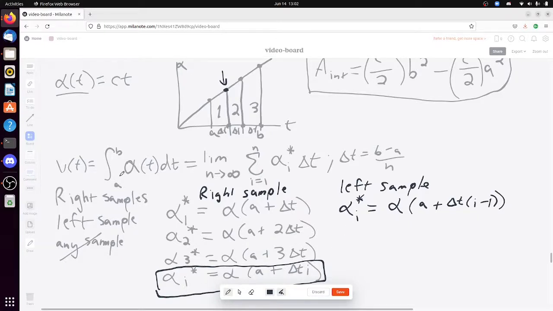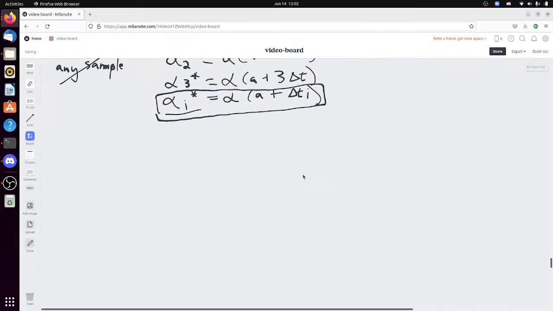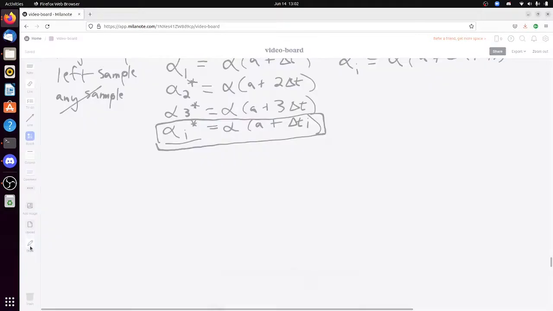So I'm going to take this whole expression that I wrote here and rewrite it below, and I'm going to substitute this alpha of I star in here as a way for us to choose our expression. So let me go do that right now. Let's see.